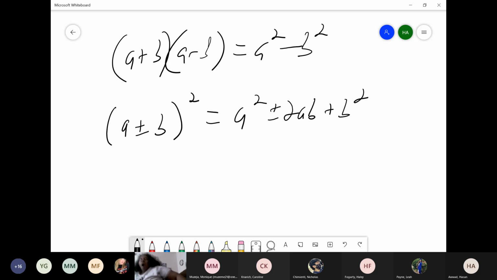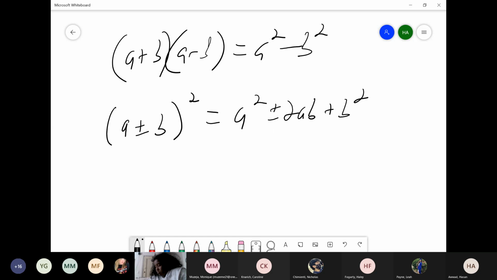The plus or minus obviously will translate from one side of the equation to the other. So what I mean by that is if that's a plus between the a and the b, then it's going to be a plus for the 2ab. If it's a minus b, then just like we talked about before, the sign is going to match, so that's going to be a minus 2ab. Okay, so those are the big three that we have to try to remember.